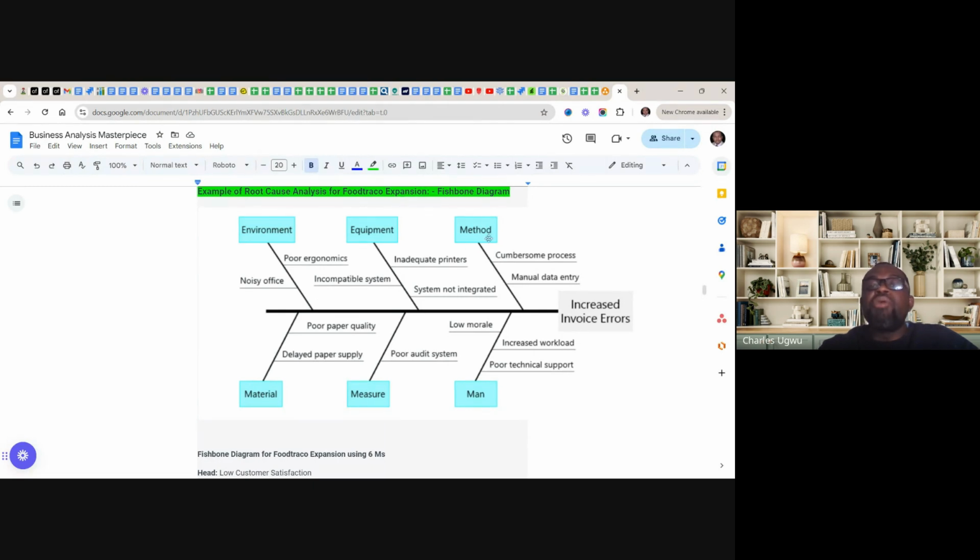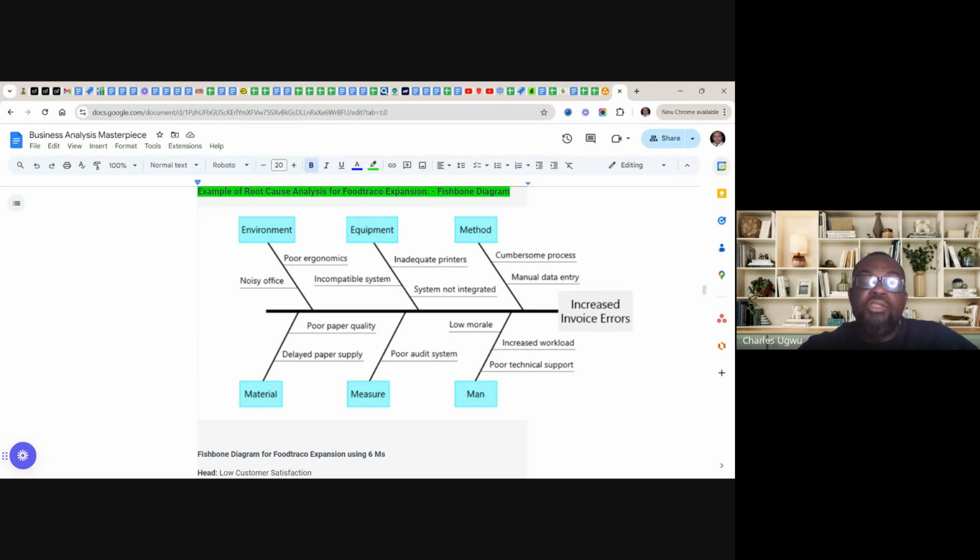So you see how this system carefully captured what could be the potential cause of this error. And once this has helped us to capture everything we need to solve this problem, by the time we sit down and analyze, we can just pinpoint where the problem lies from all these potential causes.